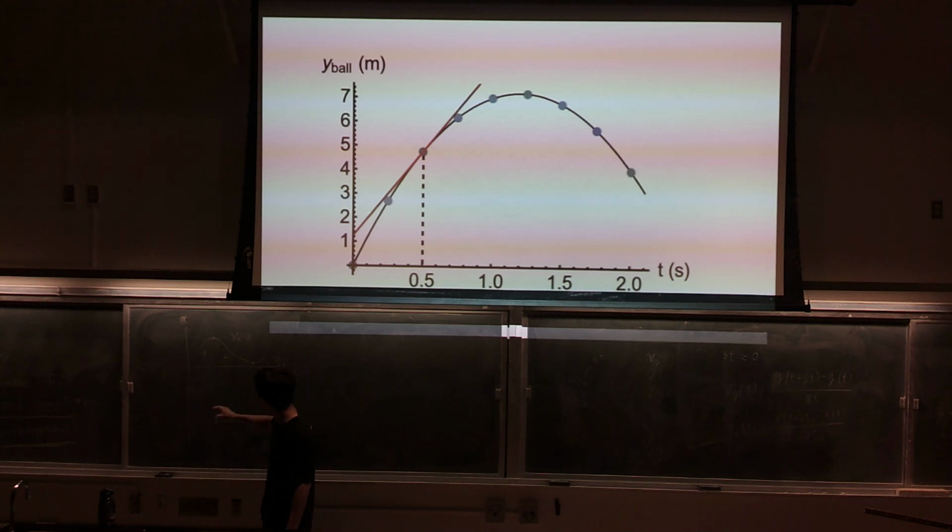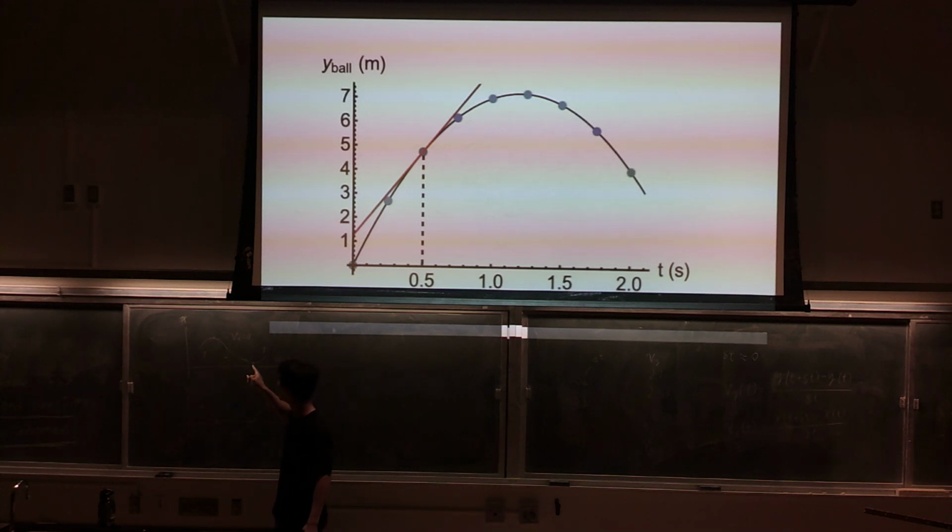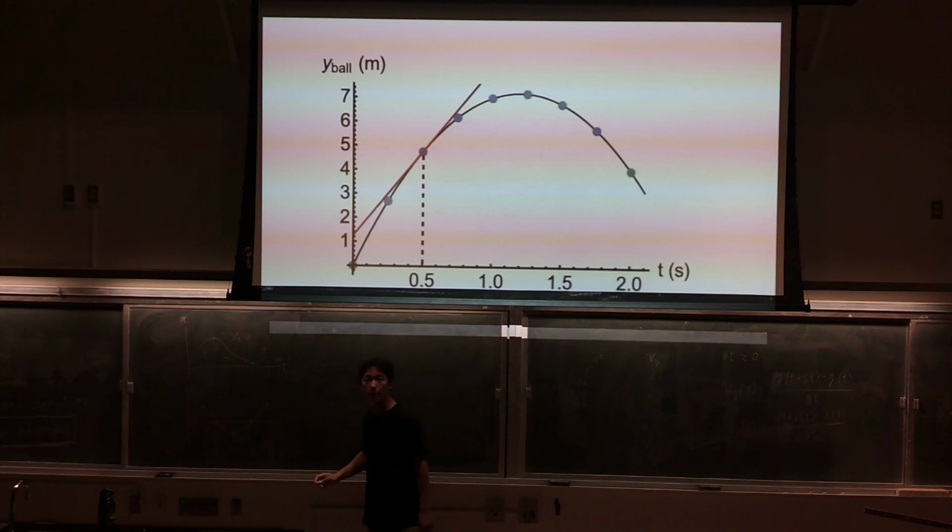So the Vx here should be somewhere down here in the negative part. When I go to here, the x position is increasing again. So I know the x velocity should again be positive. So the x velocity corresponding to this xt graph should look something like this. It should pass through 0 whenever the x has a 0 slope, and be positive when the x is increasing, negative when it is decreasing. Okay?